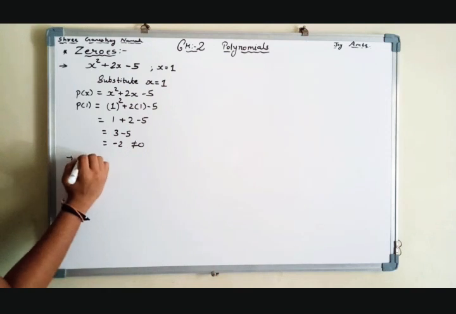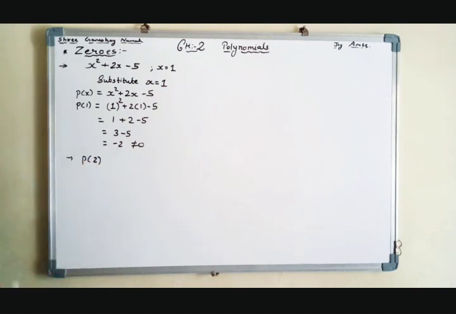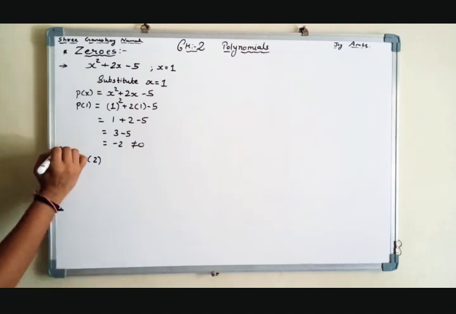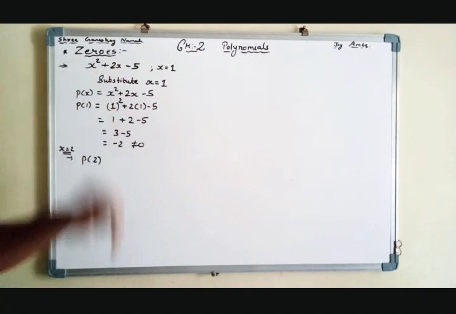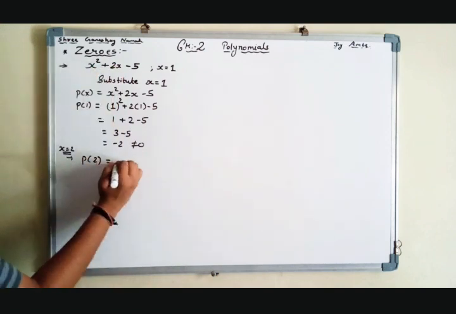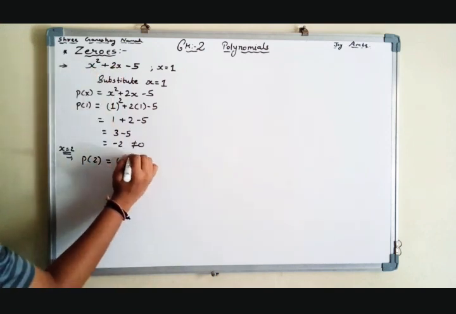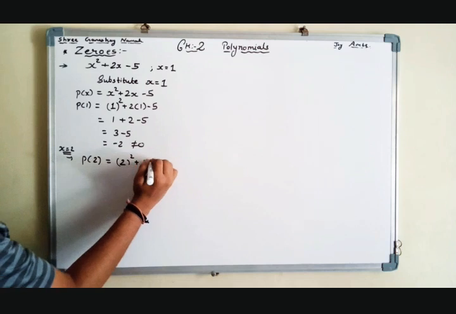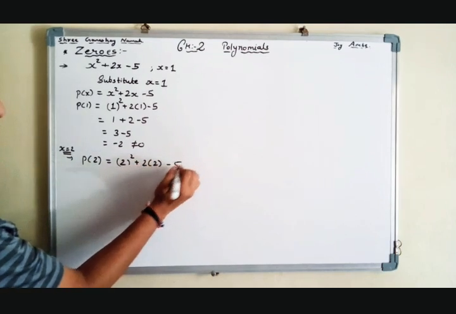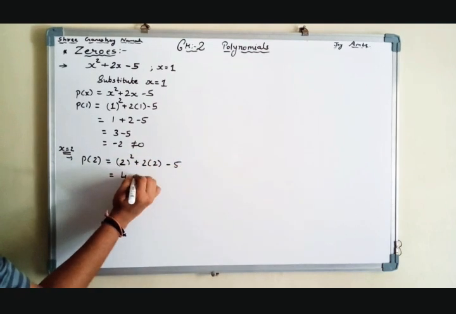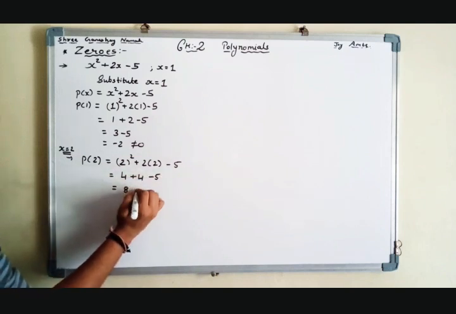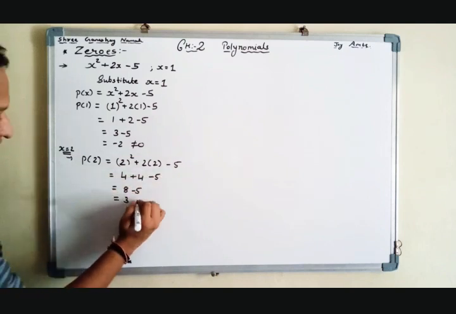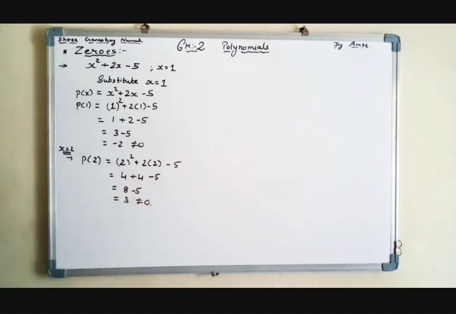Suppose we write x equals 2, that means P of 2. Now put this value here: 2 square is 4, plus 2 twos is 4, again it is 3, which is not equal to 0.